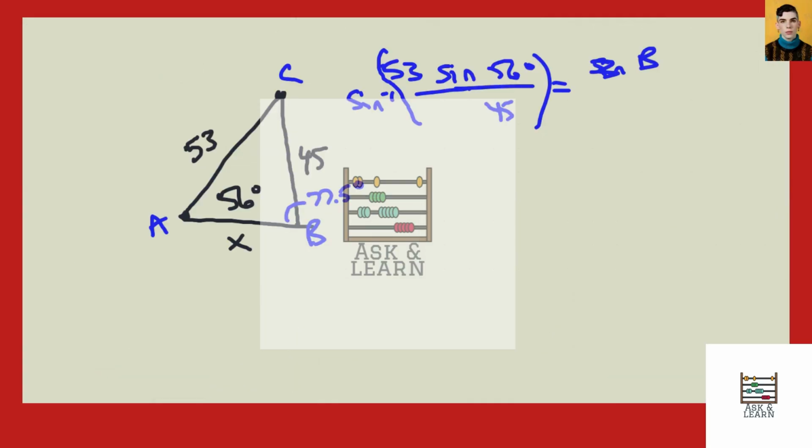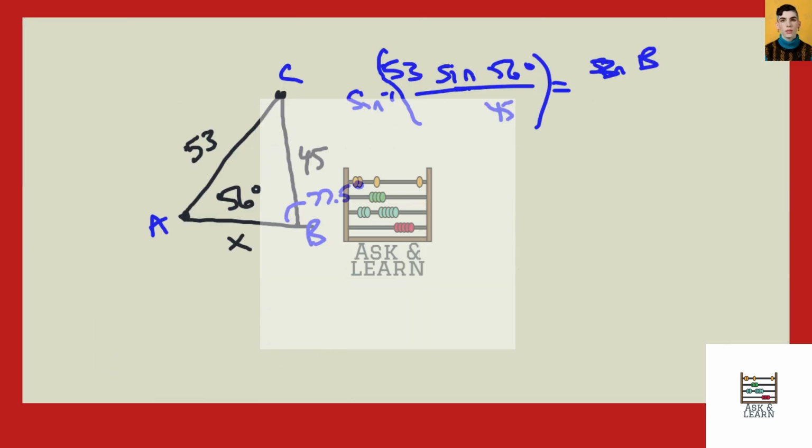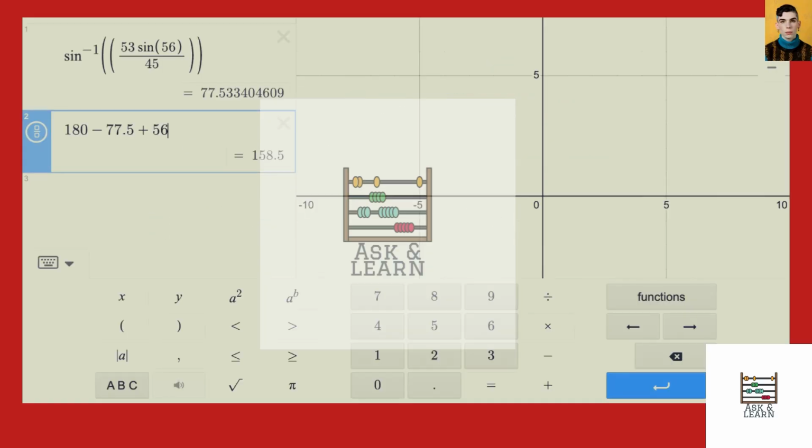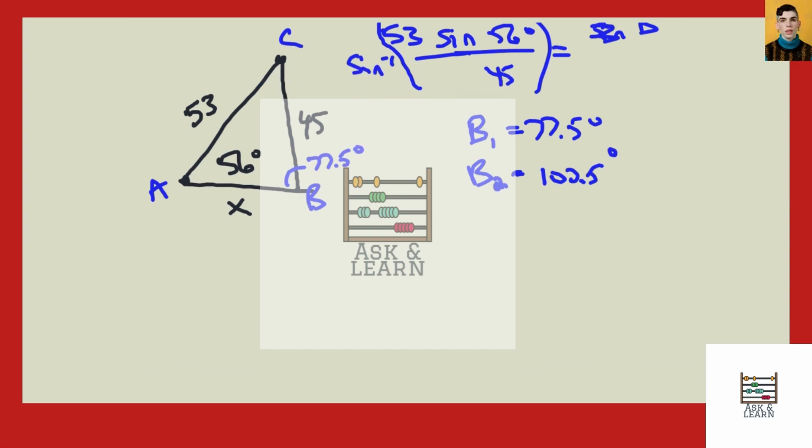If we add that to the 56, we're still within 180 for a triangle, so there is a second that exists. So we could have a scenario where angle B is 77.5 degrees, or 102.5 degrees. This is the ambiguous case.